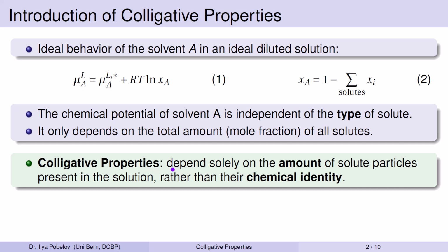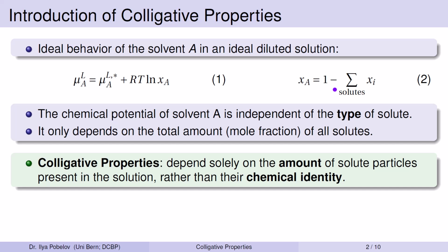These properties are characterized by the dependence solely on the amount of solute particles present in the solution rather than their chemical identity. From this equation, we understand that the chemical potential of the solvent in the solution is reduced from its value for the pure solvent in the presence of a solute or solutes.